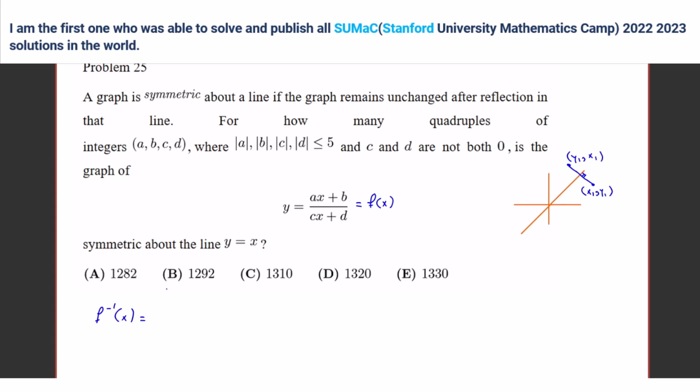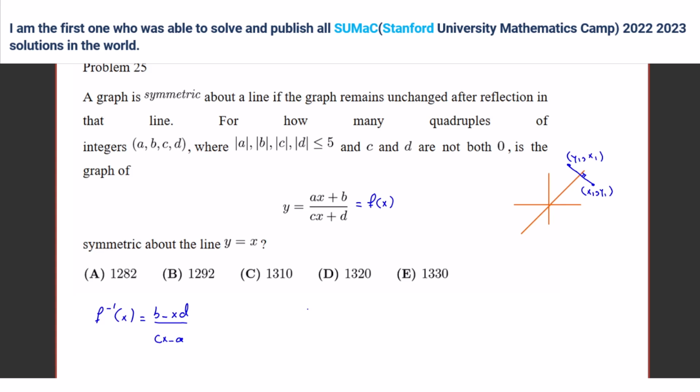Oh, in terms of x. And then you do y. I isolated x and then I switched them, right? So y equals (b minus xd) over (cx minus a).